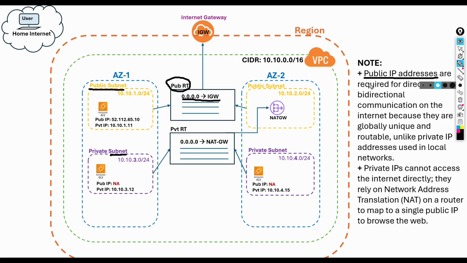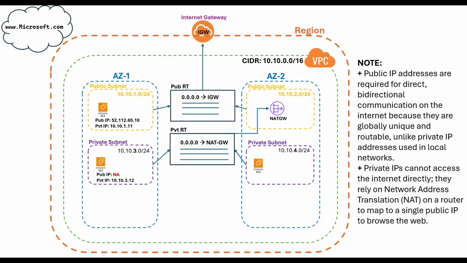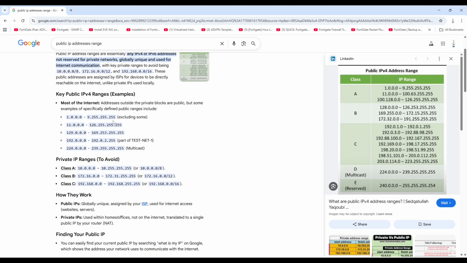But in terms of public IP address, let me quickly show you public IP addresses. Let's search for the public IP range and private IP range in a Google search box. These are the public IP addresses which are globally unique, and those are routable over the internet.